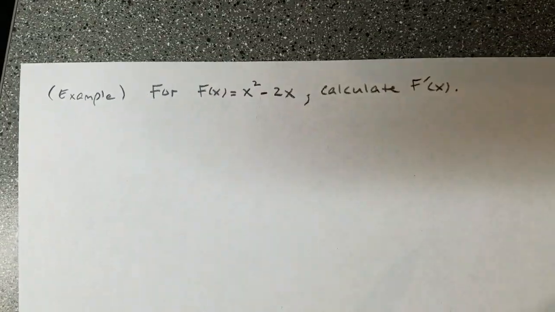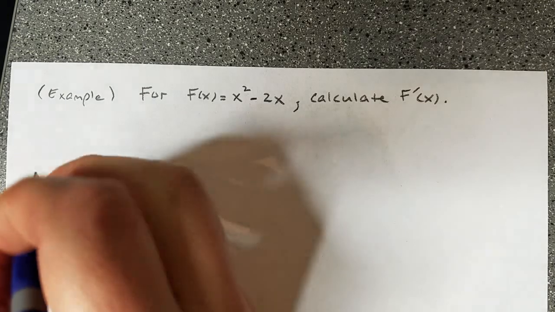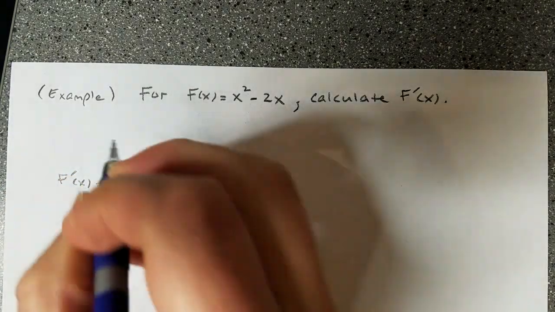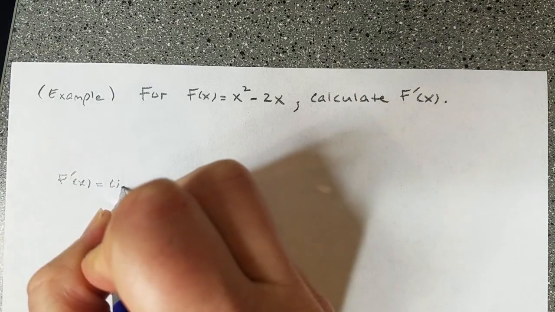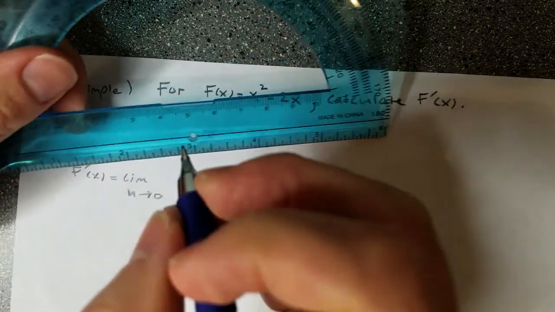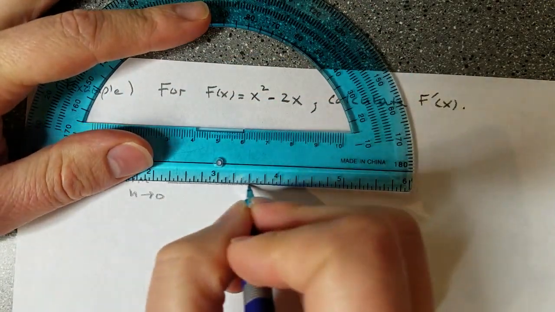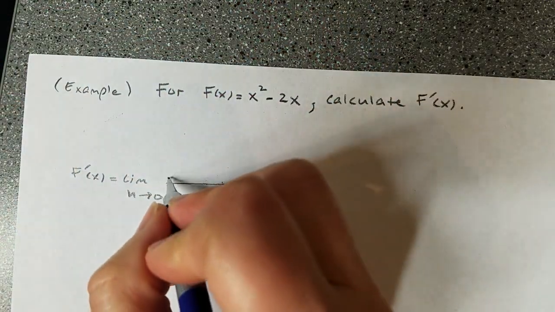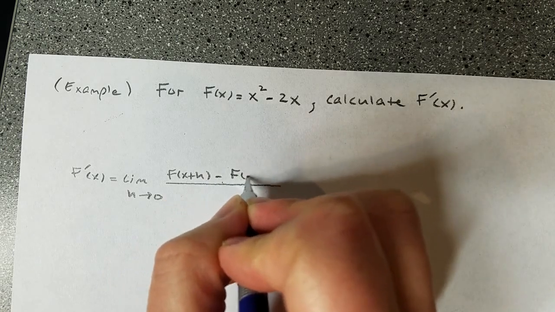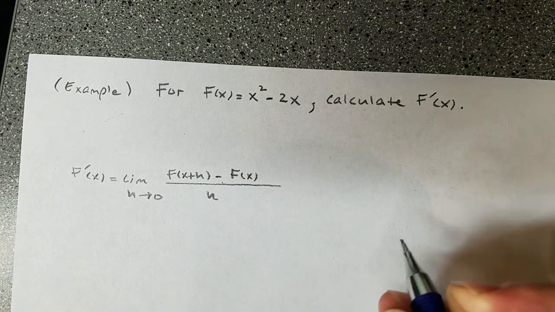Okay, here we go. F prime is going to be, what did that thing say? Limit h goes to 0, and then f of x plus h minus f of x over h. Okay?